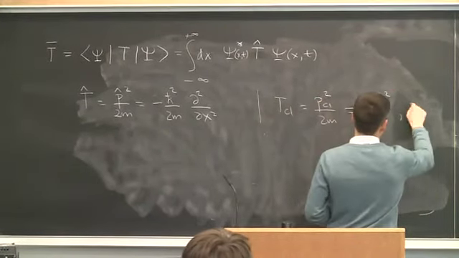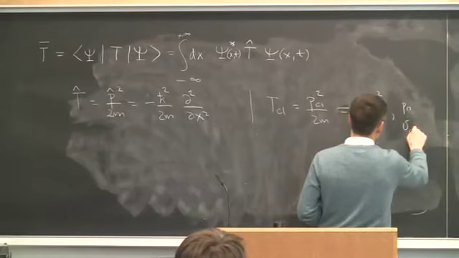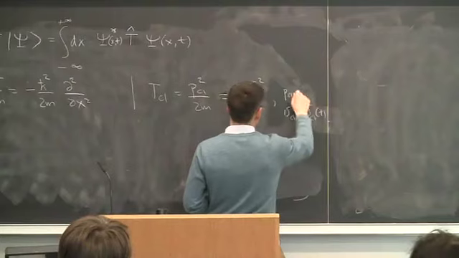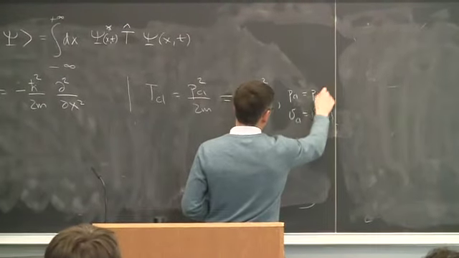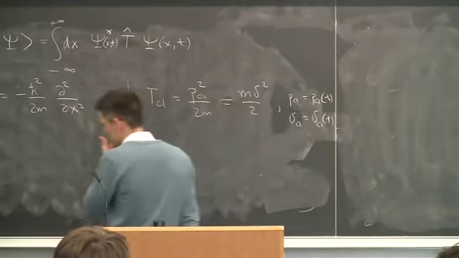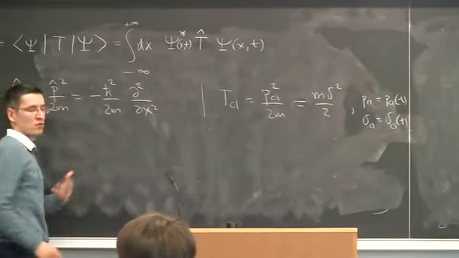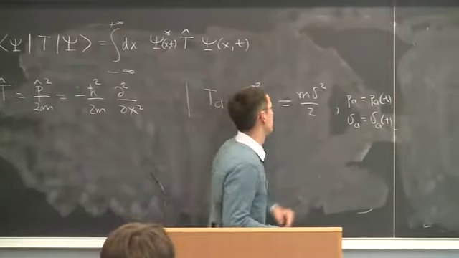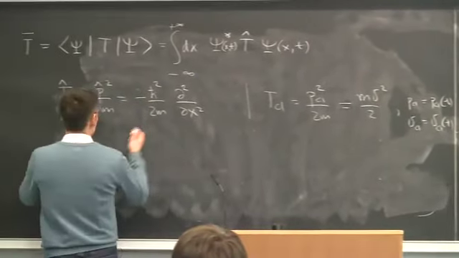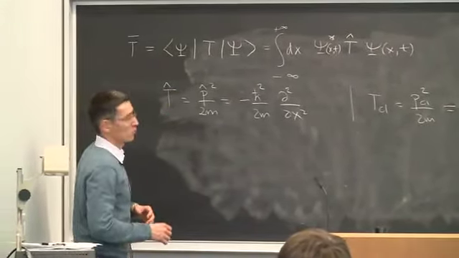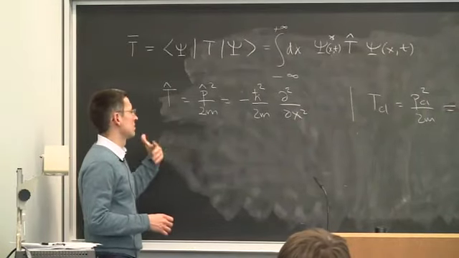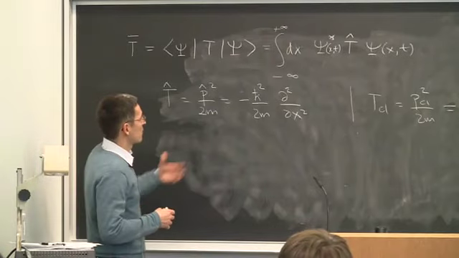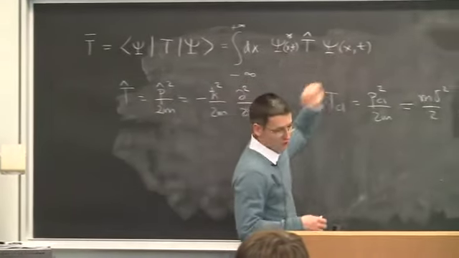So both p classical and v classical are potentially functions of time, because the momentum and velocity of the object that we consider in classical mechanics may depend on time. Now in quantum mechanics, the operators that we'll be dealing with are not dependent on time, and the time dependence comes only through the wave function.